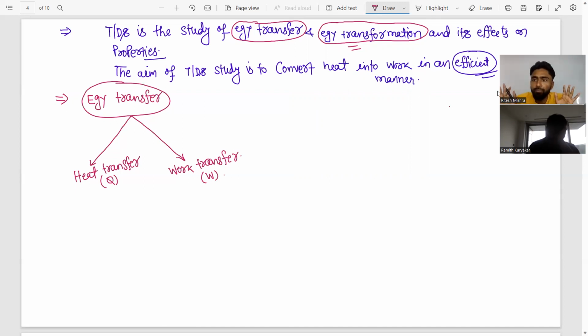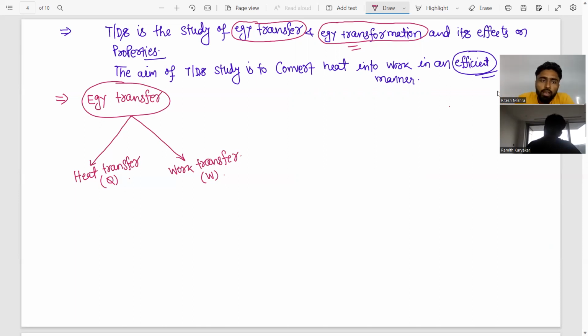Wherever the word heat is written, that means heat transfer. Do not confuse it with the words latent heat or heat energy. Now, energy transfer means heat transfer and work transfer.